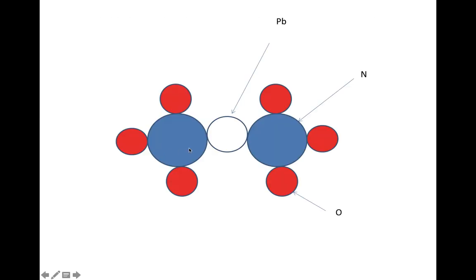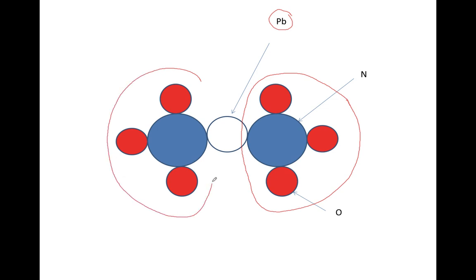So when we draw it, we have one Pb in the center, and then we have one NO3 here, and then we have a second NO3 here.